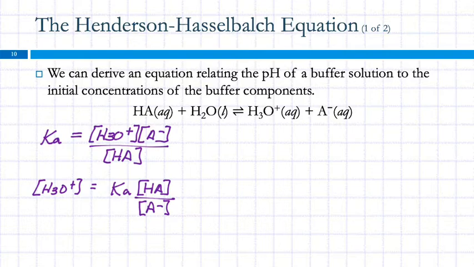Now, I'm trying to find an equation that's going to give me the pH. Here I've got hydronium ion concentration, so if I take the negative log of this equation, the left side will say pH.